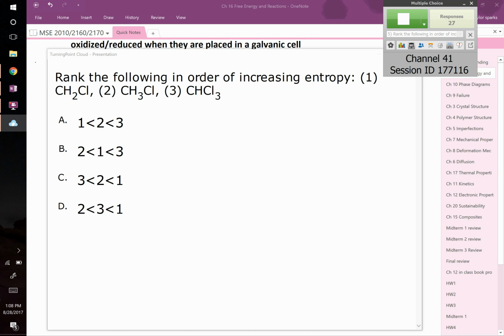Sorry about that. Make a note to fix that. So again, in each one of these molecules, you've got carbon in the middle, and it's bonded to four other things, hydrogens and chlorines.